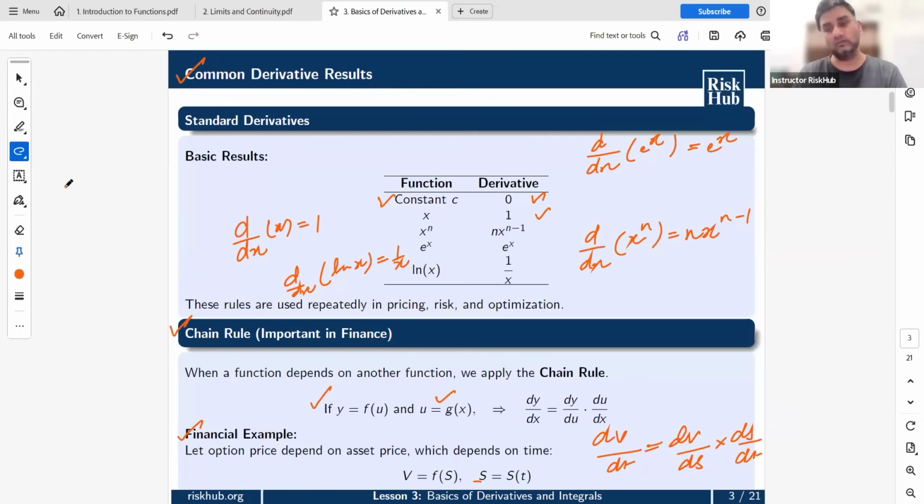This idea appears directly in your Black-Scholes PDE, the differential equation, and this is what we need to know.